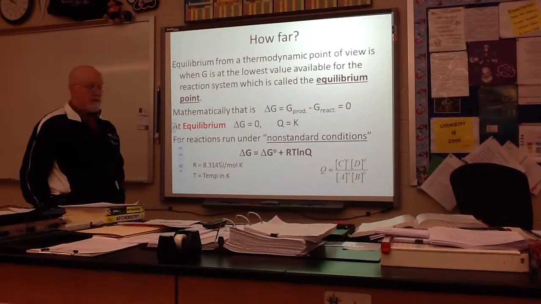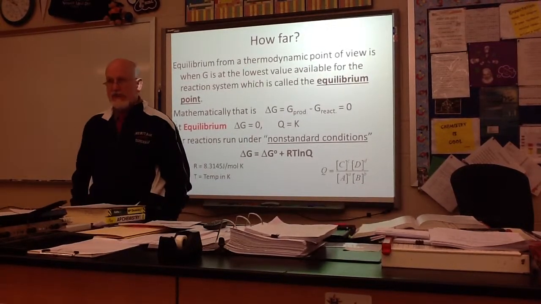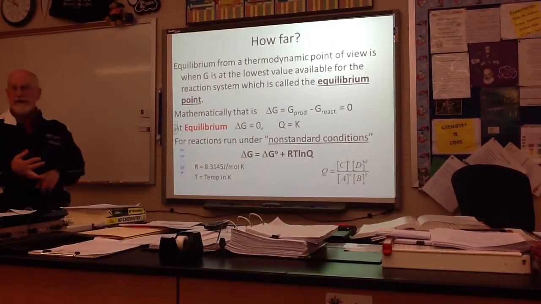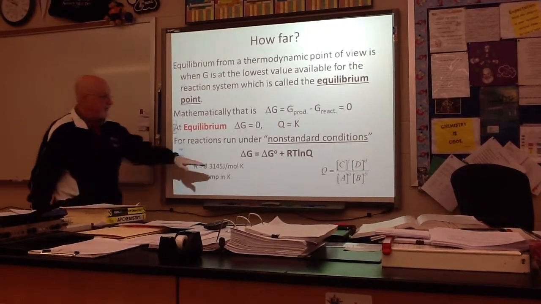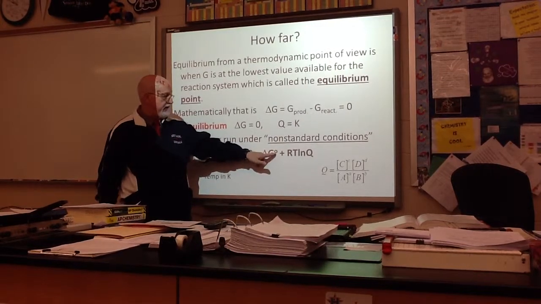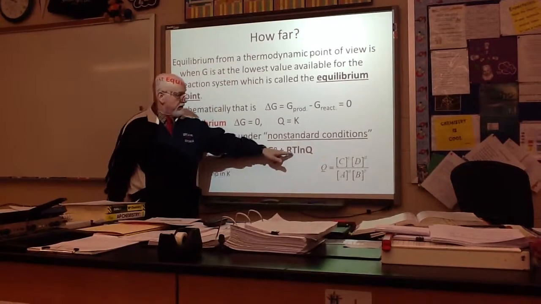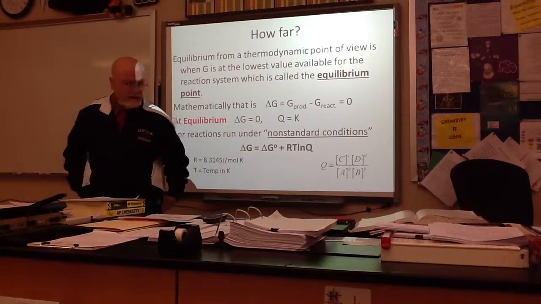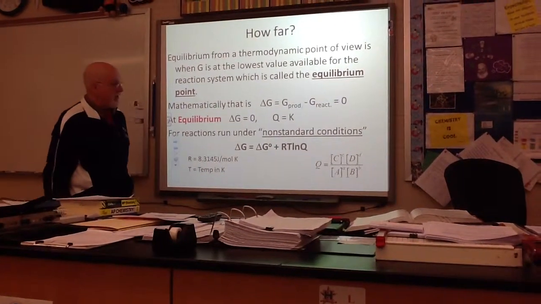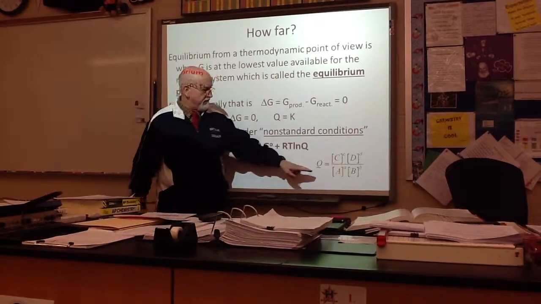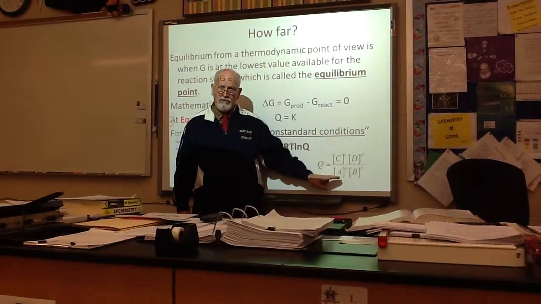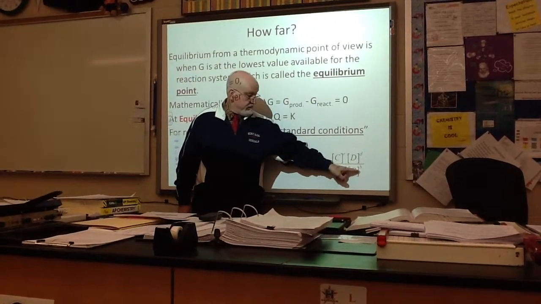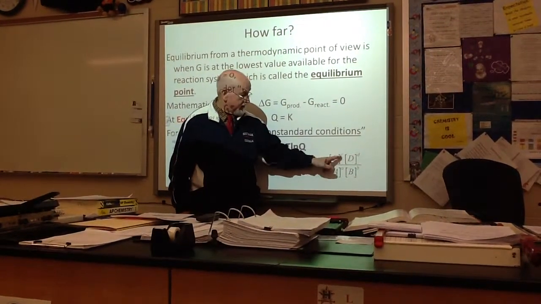When we talk about delta G under non-standard conditions, that means we're going to vary the pressure and the temperature, so we use delta G equals delta G naught, which stands for standard conditions, plus RT times the natural log of Q. You've already done a couple of problems like this where you calculated Q. One mistake people made when you went through equilibrium was forgetting those superscripts, the little b, a, d, and c.